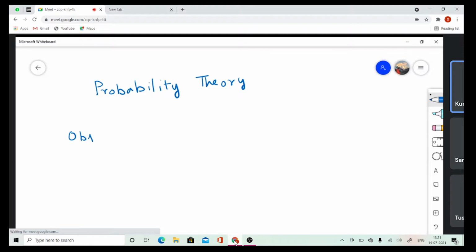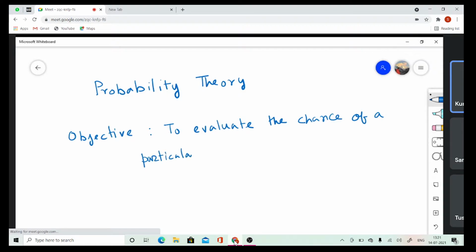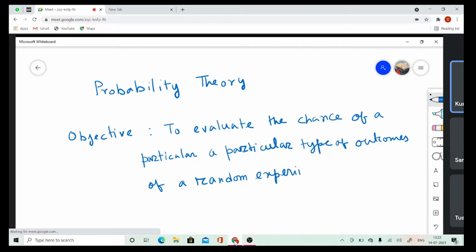So our basic objective is to evaluate the chance of a particular outcome, or a particular type of outcome, of outcomes of a random experiment. That is our basic objective of probability theory.